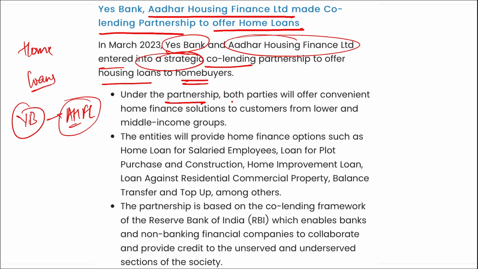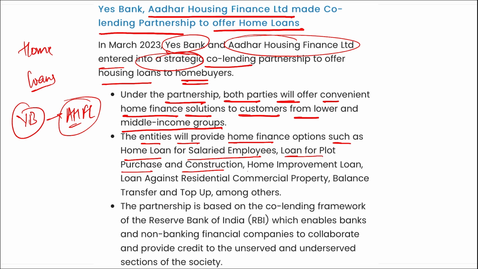Under this partnership, both parties will offer convenient home finance solutions to customers from lower and middle income groups. The entities will provide home finance options such as home loan for salaried employees, loan for plot purchase and construction, home improvement loan, loan against residential commercial property, balance transfer, top up, and various other options.